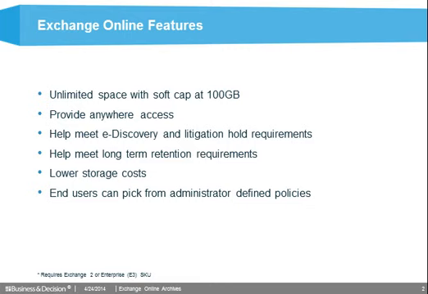They do have a soft cap at 100 gigs, but every time that needs to be raised, it can be raised in 25 gig increments to basically an infinite amount of space per mailbox. Instead of having to buy several hundred gigs of space or several terabytes of space for your on-premise SAN, it can really help save some of that cost.